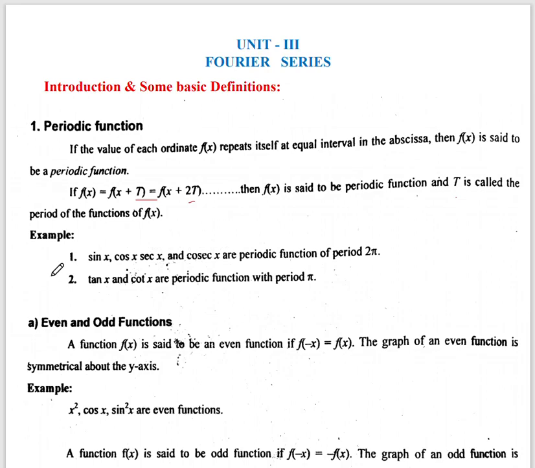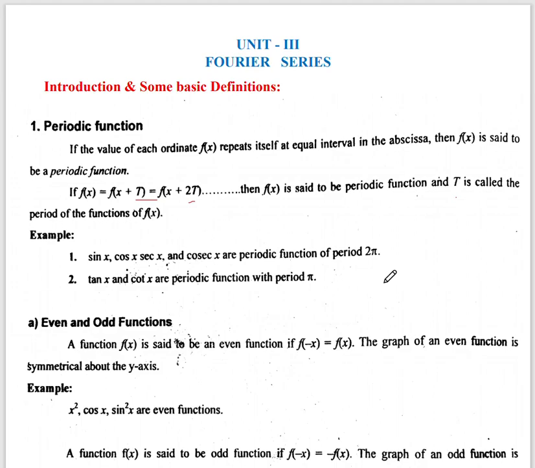For example, sin x, cos x, sec x and cosec x are periodic functions with period 2 pi. If you see the graph of sin x, cos x, sec x and cosec x, it lies between 0 to 2 pi, which is the period.